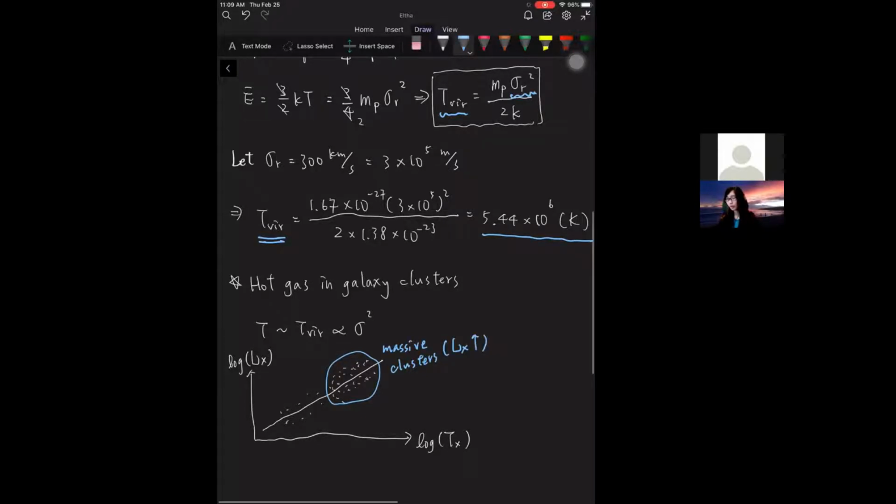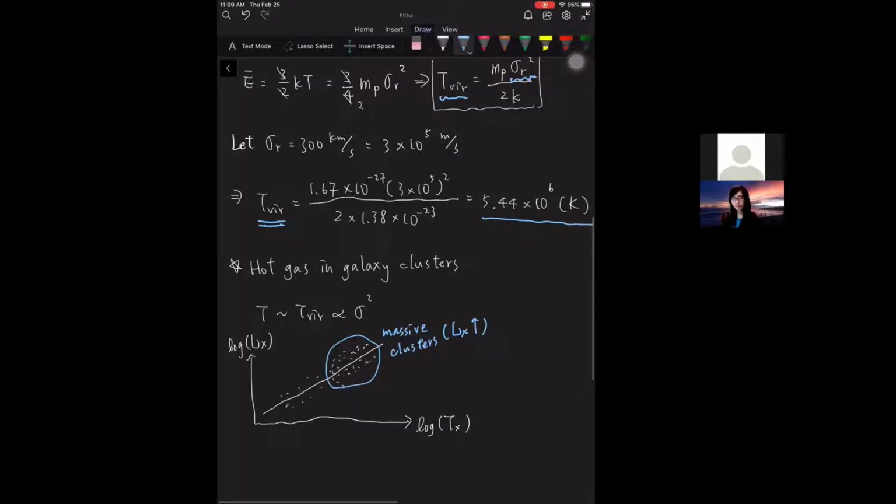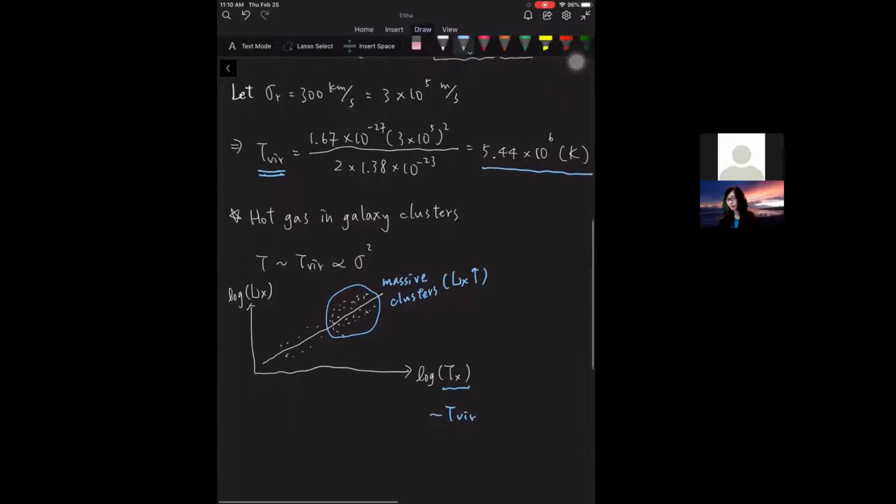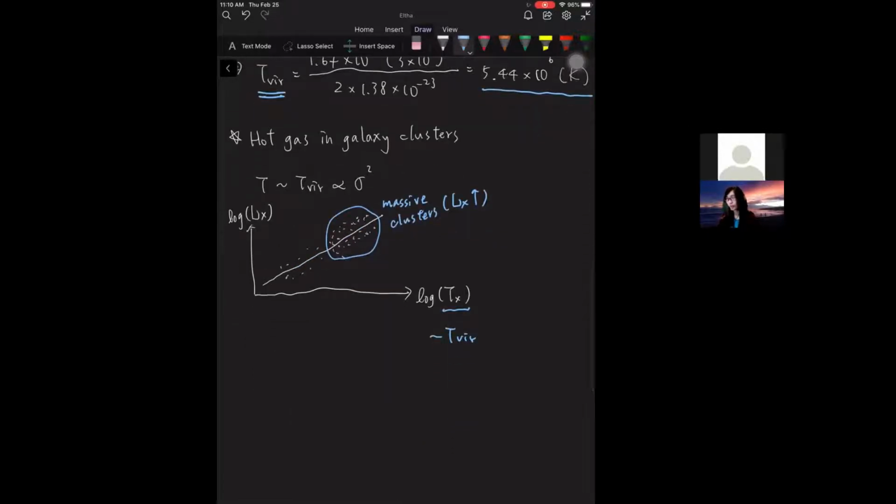For the next steps, we will show that if we take this temperature as the virial temperature, then we can recover this relation between X-ray luminosity and temperature. To do that, of course, we need the virial theorem.